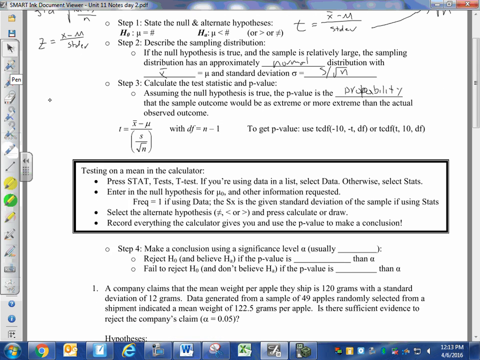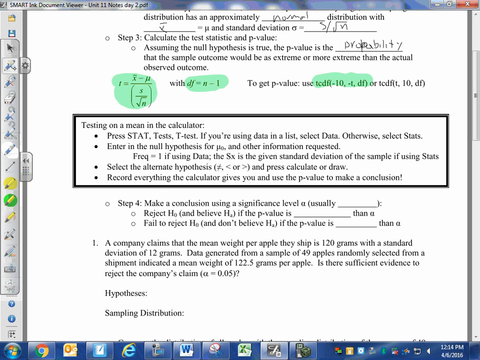You can do the significance tests using your calculator. You can also use these formulas. This is how you'd find the t-score. Making a conclusion, we would compare a p-value to a significance level. Typically, it's 0.05.